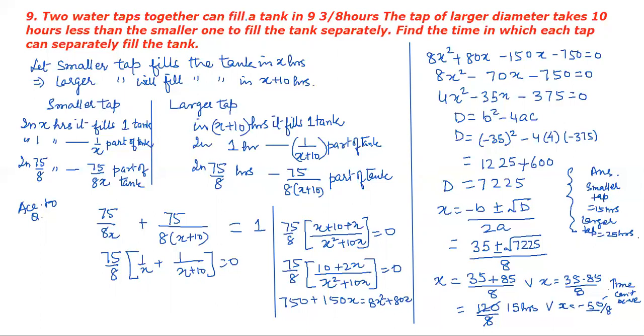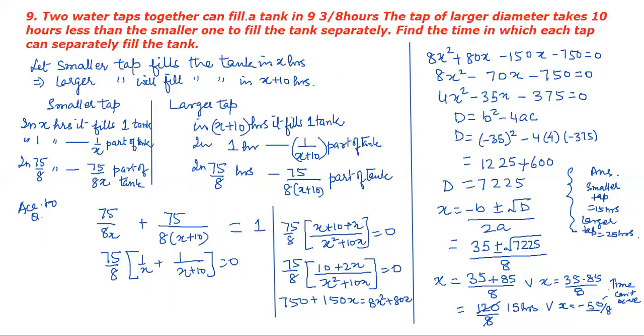So out of the two, I am supposing for the smaller tap, let the smaller tap fill the tank in x hours. And he is giving us that the bigger tap, larger tap, is taking 10 hours less.